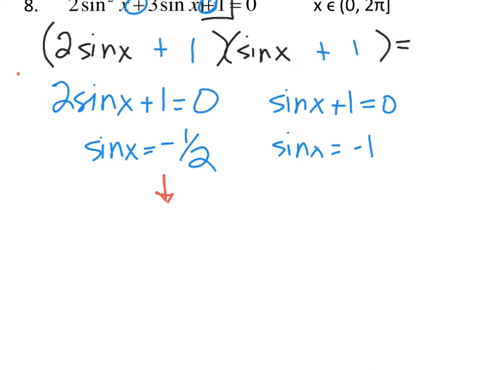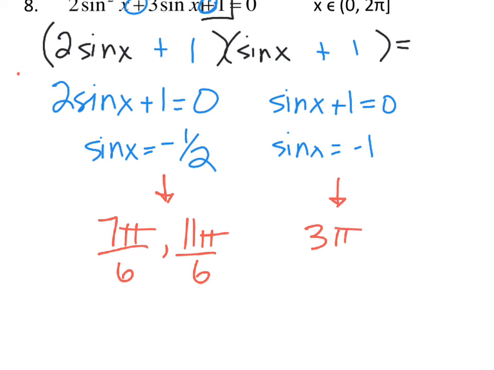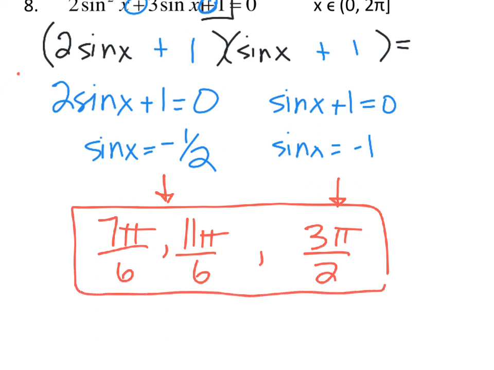That happens at 7 pi over 6 and 11 pi over 6, the two places where sine is negative 1/2. Now, there's only one place where the sine is negative 1, and that's at 3 pi over 2. So these would be your 3 solutions on your interval from 0 to 2 pi.